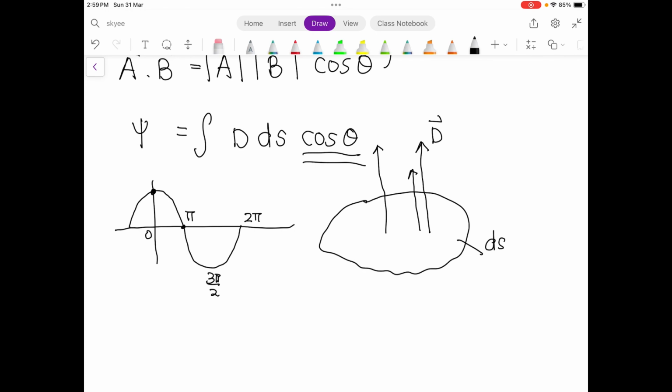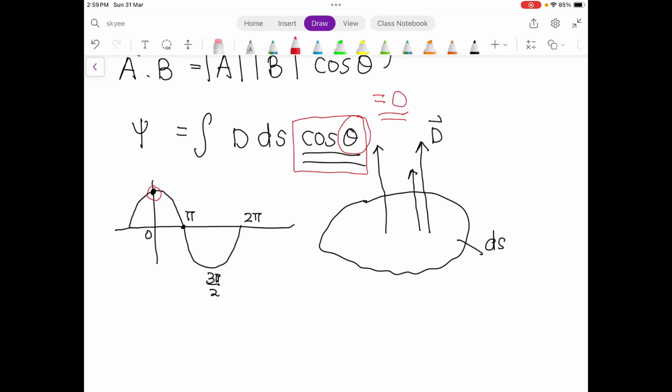When you have two vectors facing the same direction, the angle between them is equal to 0. When the angle is 0, you will get the maximum value for this portion: 1.